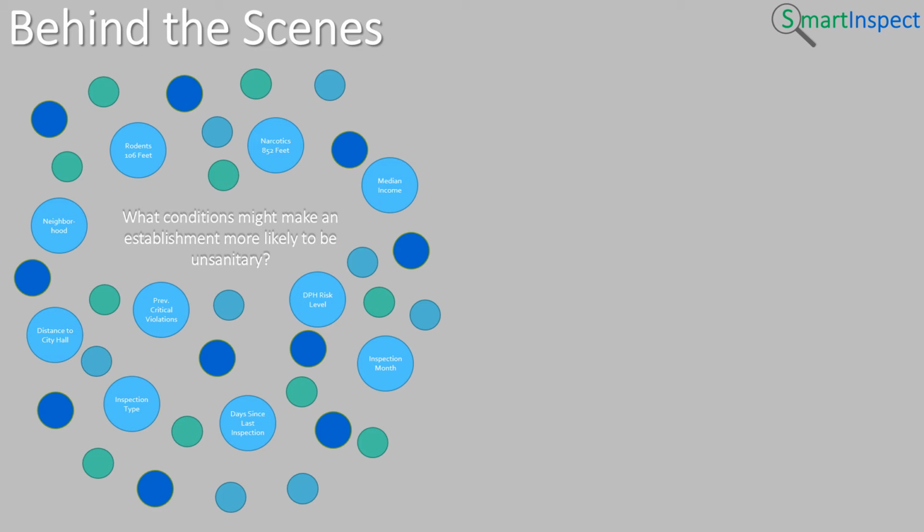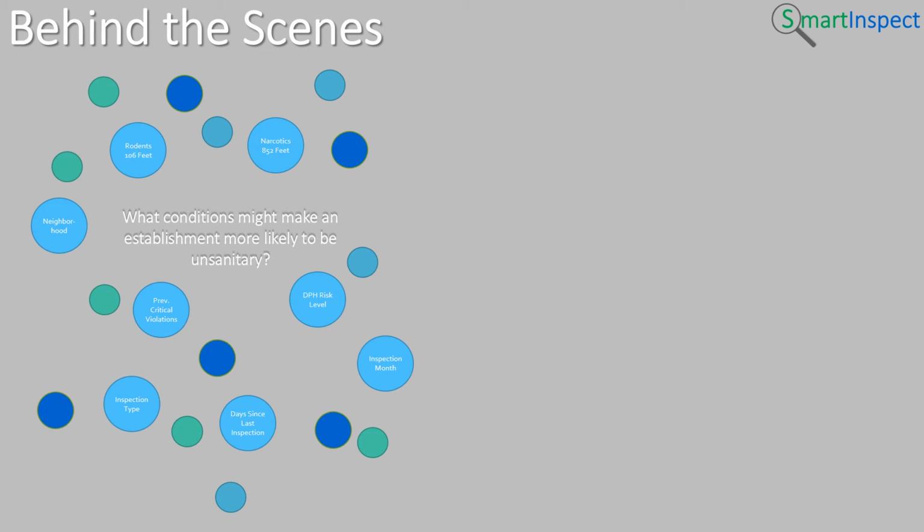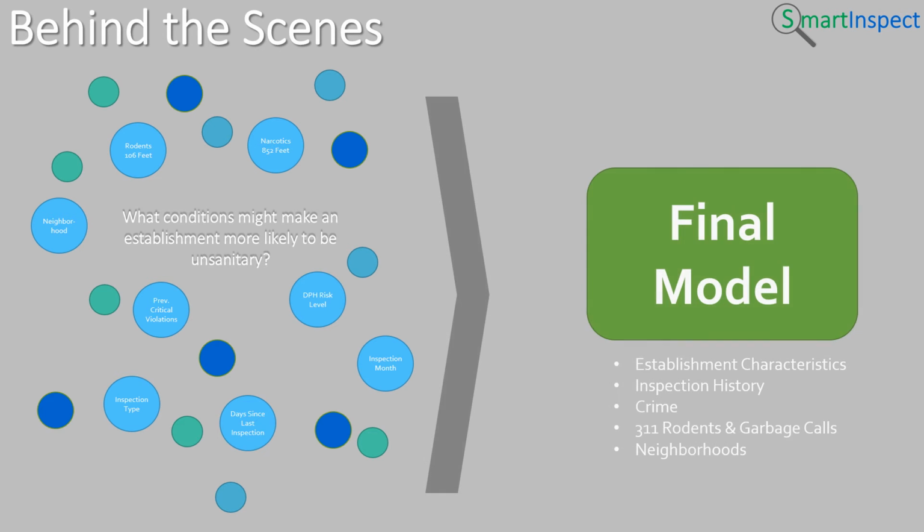Using the 2014 data, we ran the model in R using backwards stepwise regression. The resulting model included 22 of the 38 variables and outputted the probability of every restaurant failing a health inspection. Once we perfected the model, we applied it for 2015 health inspection data to see how well our model performed.